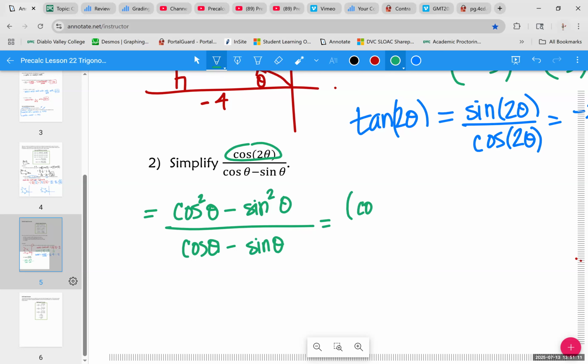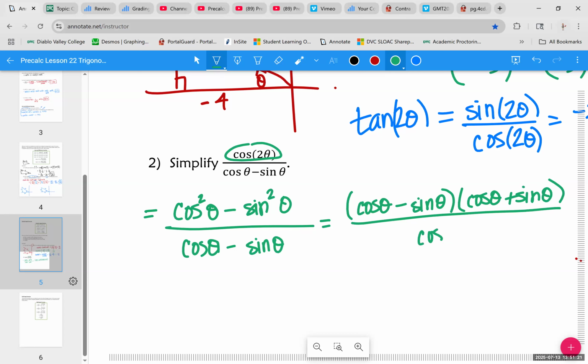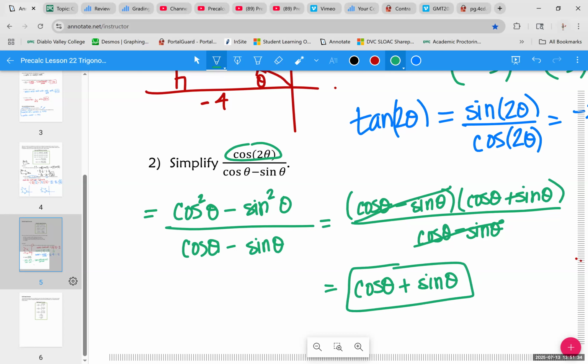So I would need to factor, and now I can cancel the entire factor, and I'm left with just cosine theta plus sine theta. Okay, so yet another example of doing that simplification using identities and substitutions.